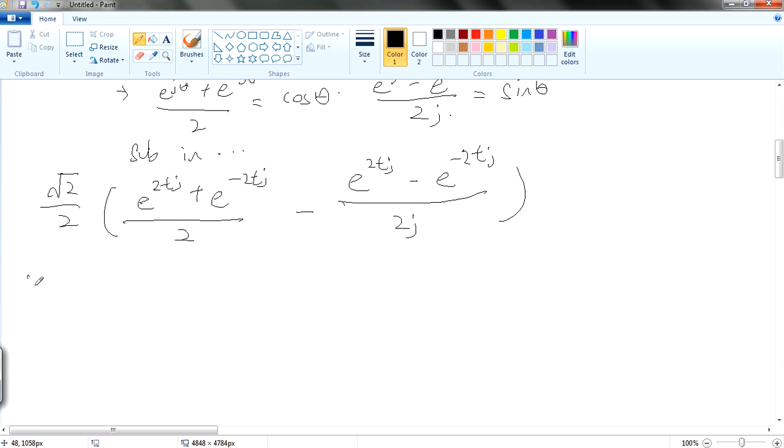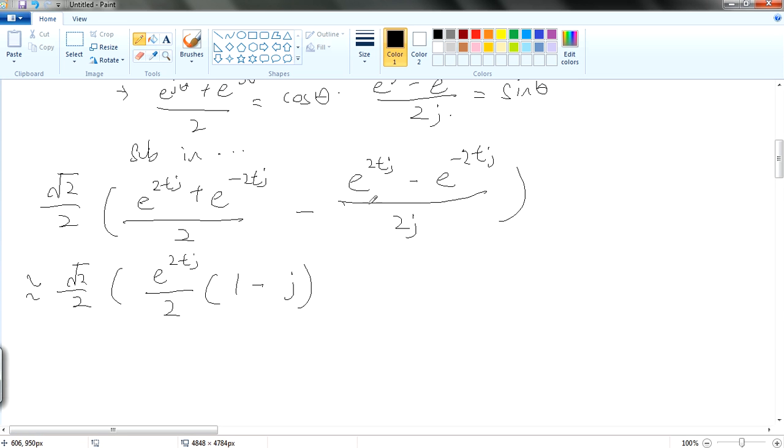So from this I can rewrite them as e^(2tj) over 2 times (1 minus j). As you can see, this is 2tj, this is 2tj, I just factor the half e^(2tj) out.